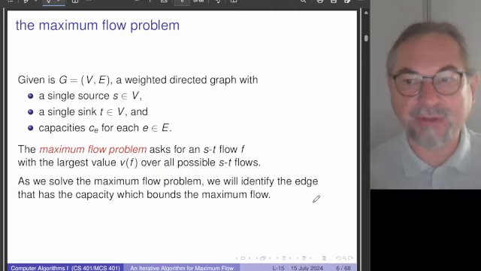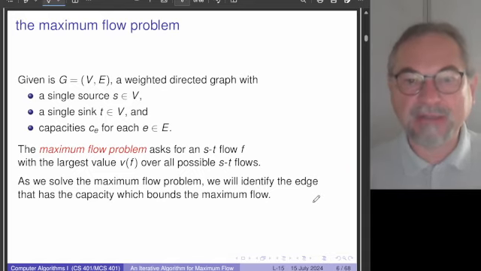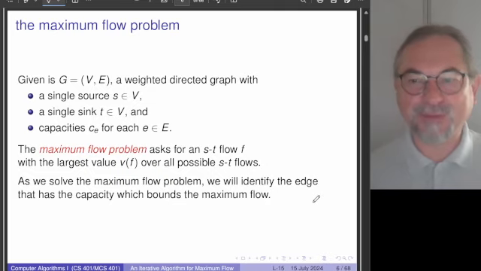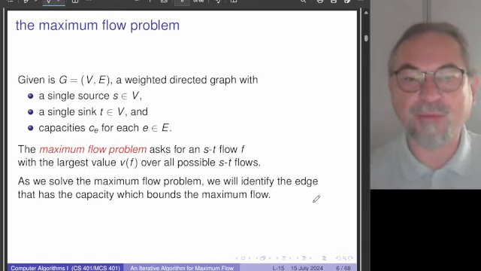That's another way of looking at this function f, where the value is as large as possible over all possible flows. Again, for small graphs, there is always the brute force method where you try all possible numbers.